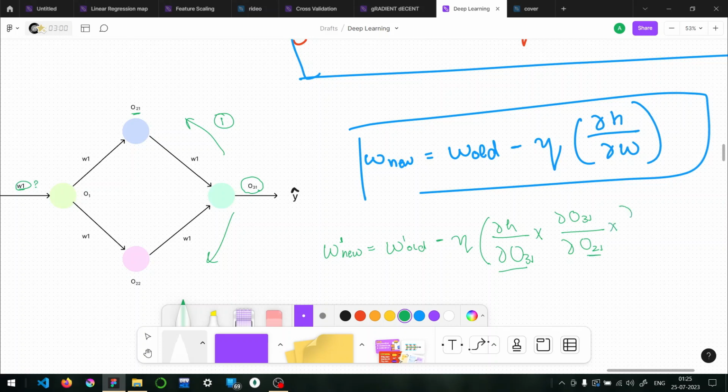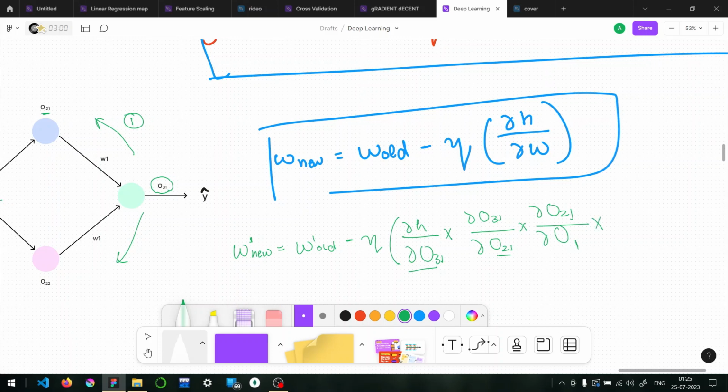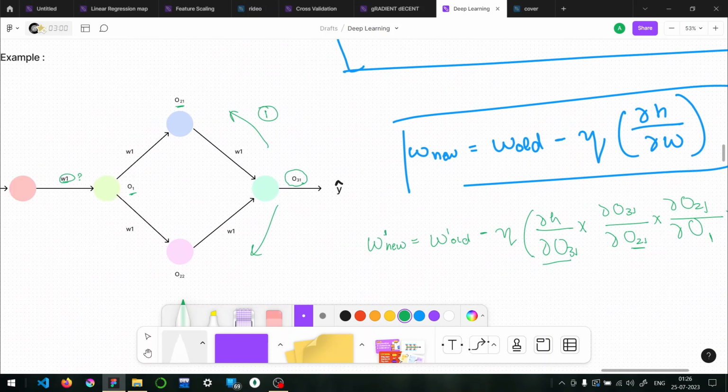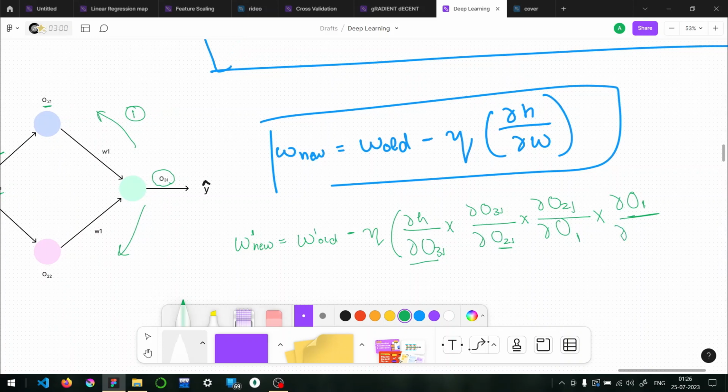And after that, we'll take O21 here, and what comes next? Then comes O1, partial derivative with respect to O1. And now since we have written O1 here, partial derivative of O1 with respect to what else is there? Nothing. We have to calculate for W1. I made some mistake here. So we have to calculate for this one, with respect to W1, right?